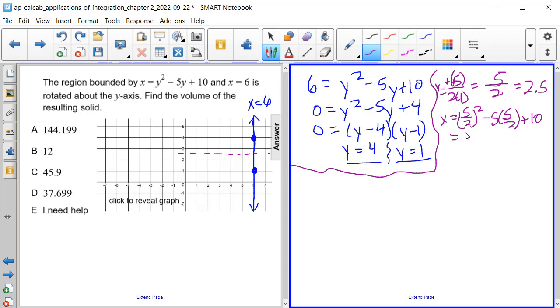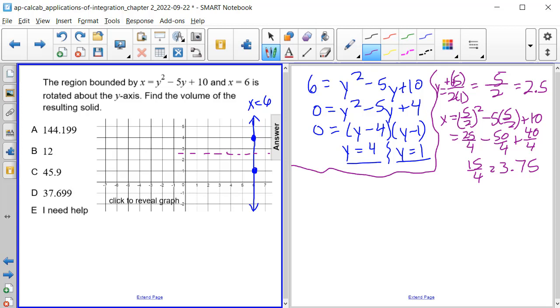So we'll have 25 fourths when we square it, and because we have fractions, we need a common denominator, so we could write minus 25 halves, or minus 50 fourths, and then plus 40 fourths. So we have 65 fourths minus 50 fourths, so that's going to be 15 fourths, or 3 3/4, which is 3.75. So 3.75 is the x-coordinate of my vertex.